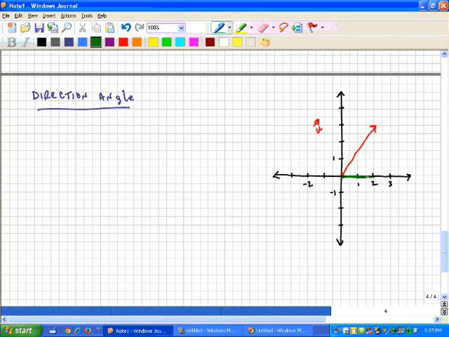Here, for this vector u, the horizontal component is 2, the vertical component is 3.